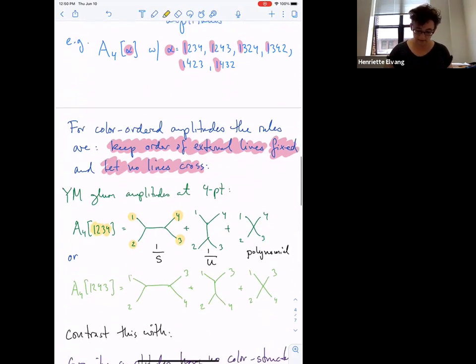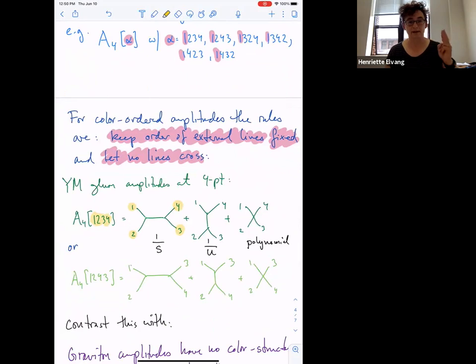On the other hand, if I look at just flipping lines 3 and 4, the diagrams that I would have would be the ones compatible with the color ordering 1, 2, 4, 3. As you can see, this gives an S channel exchange diagram, something with a pole in S. This gives something with a pole in T, because instead of U, we now have 1, 3 as opposed to 1, 4. And then it gives something that again is a polynomial term without any poles.